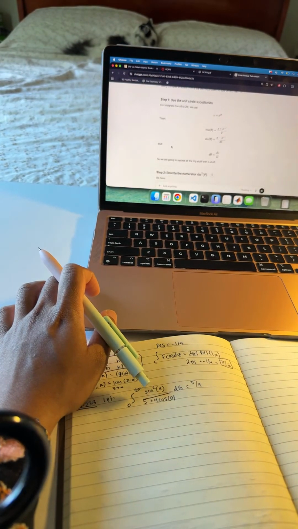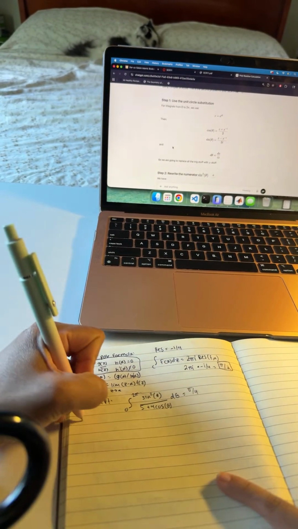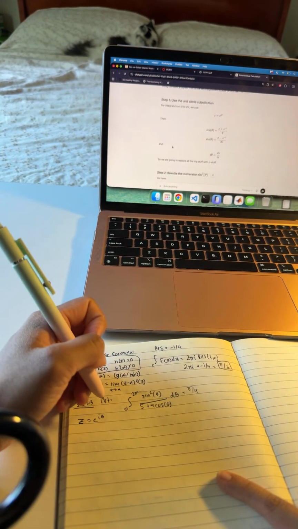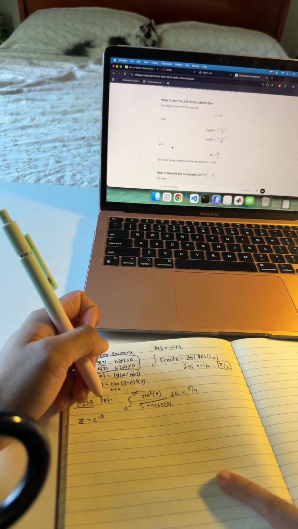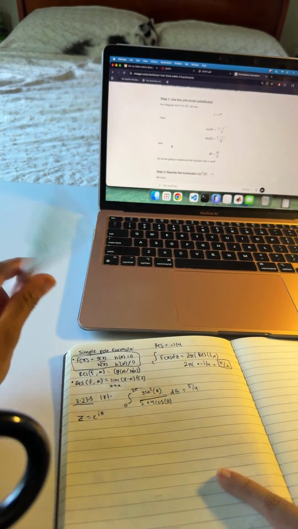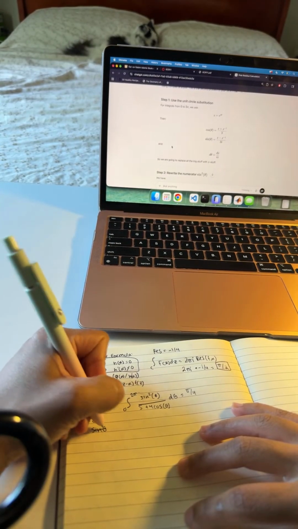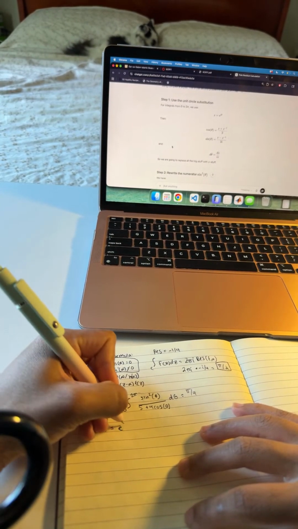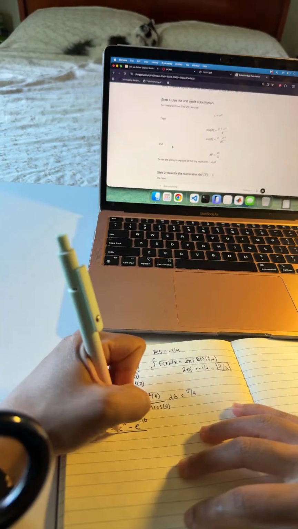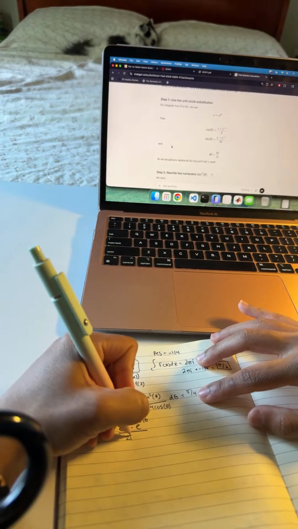Use unit circle substitution. So you want to replace z with the e^(iθ) polar form. So z equals e^(iθ). And what do we do with that? Well, we don't have any z's in here, but we got Euler's formula. What is Euler's theorem? Sine theta equals e^(iθ) minus e^(-iθ) all over 2i.